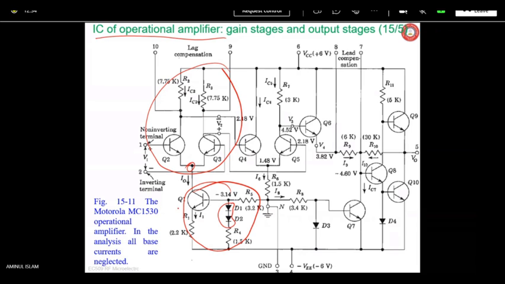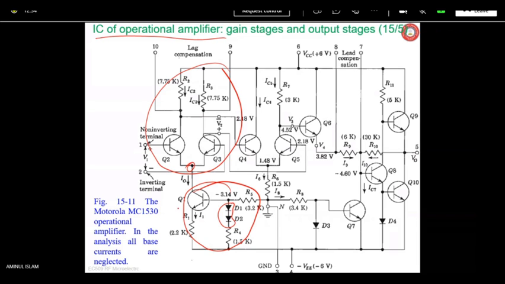So we have only 1 or 2 minutes, so we'll stop discussion for the next class. Now, operational amplifier, whatever you have come across earlier, 741.